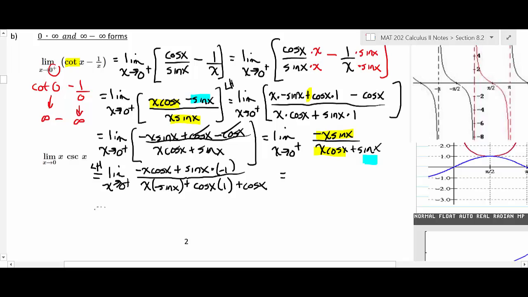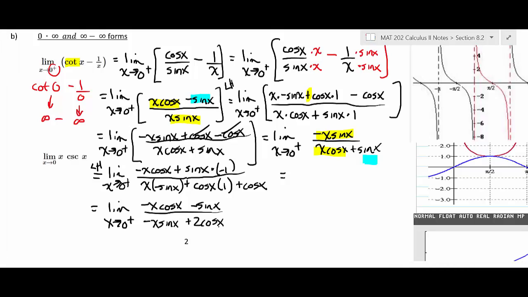So we have, looks like, limit x goes to 0 from the right-hand side. I got negative x cosine x minus sine x. And then the bottom, I don't really see any like terms there, so you could have negative x sine x and plus 2 cosine x like that. Okay? Now, let's see if we've got a 0 over 0 thing again.